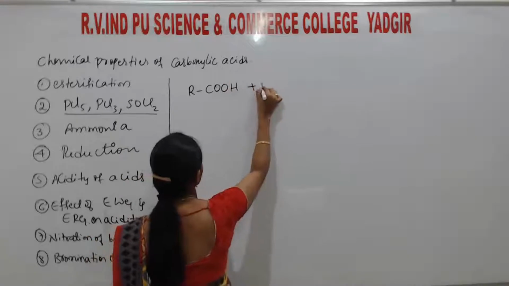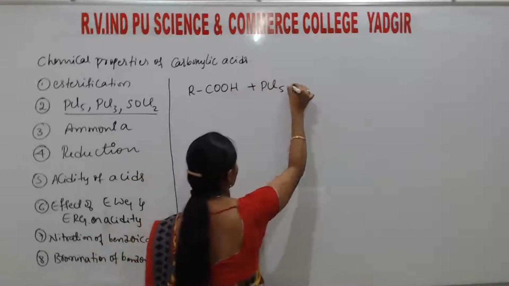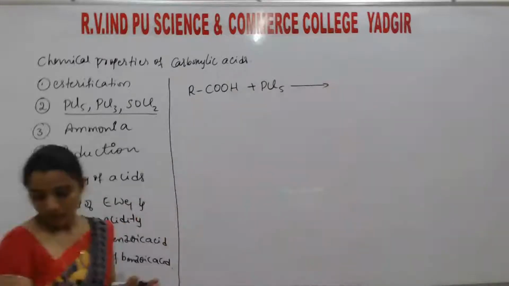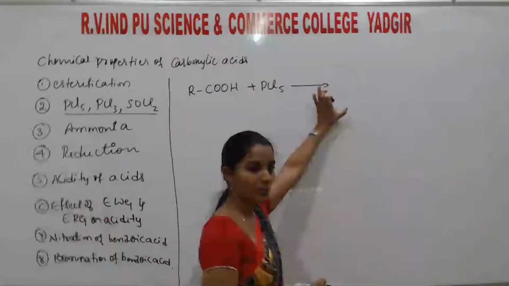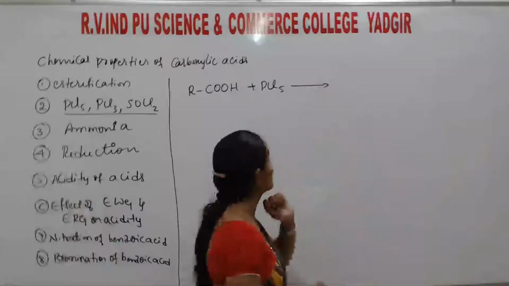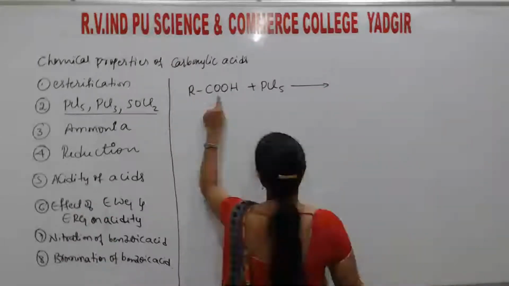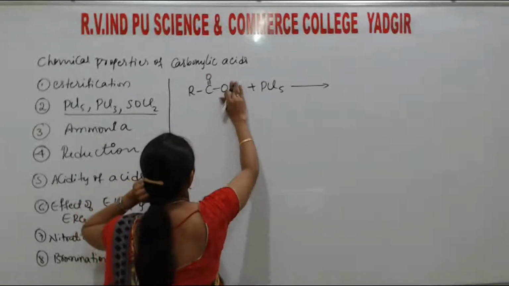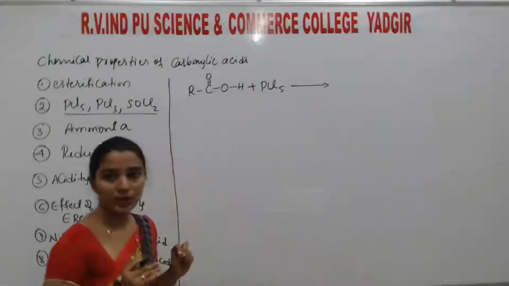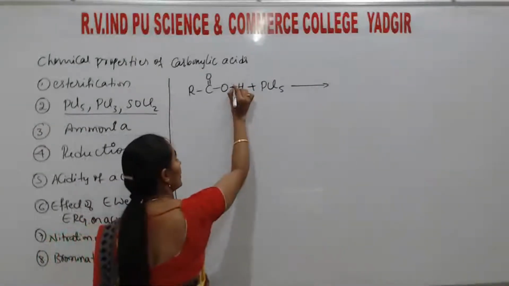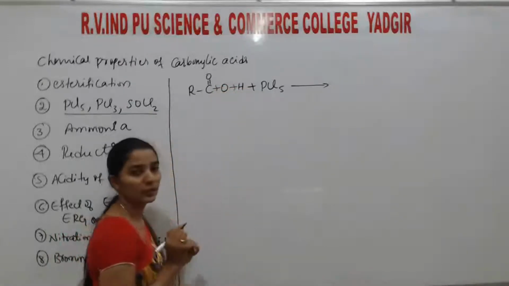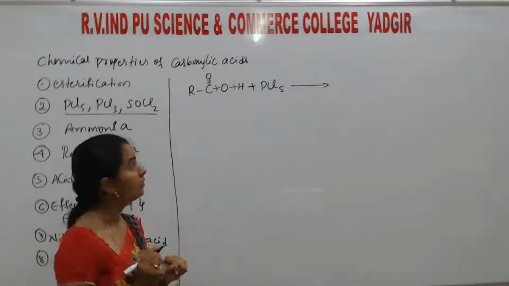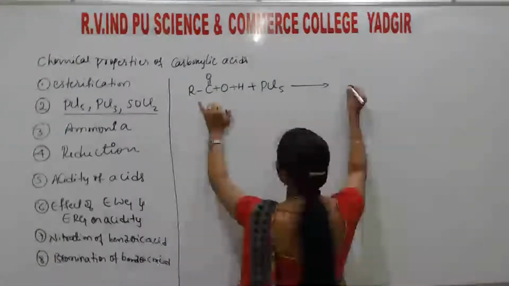RCOOH plus PCl5. For this, there is no reagent here, they will just simply react with PCl5. What is the reaction? I will take it like this. Here also bond breaking will take place. Understood?